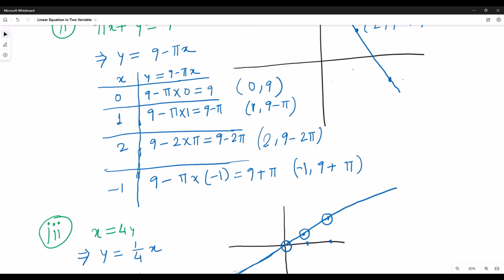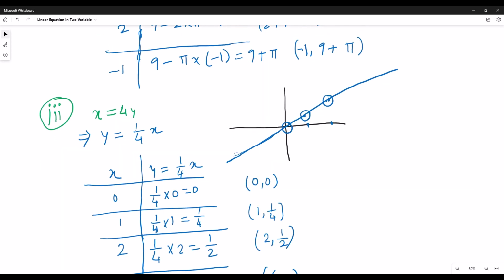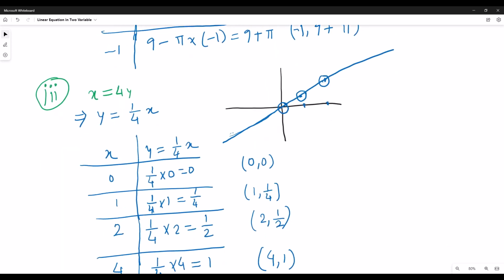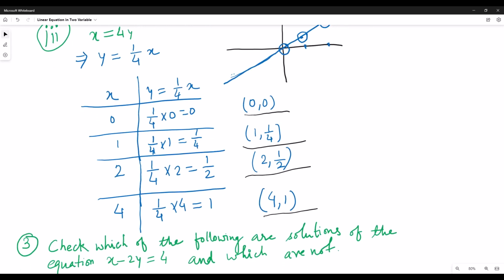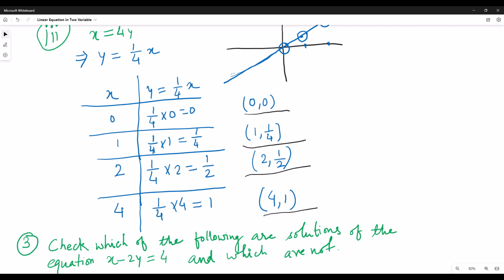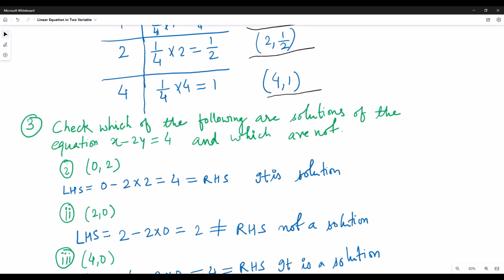Put different values of x; you can pause the video if you need help and see how it is calculated. These are different solutions as required, and you understand that there can be infinitely many of them. These are just some of them which have been written here.